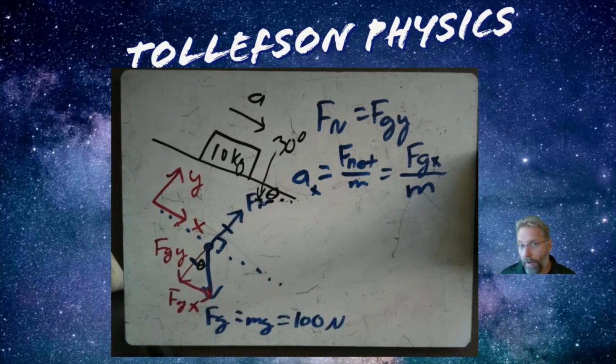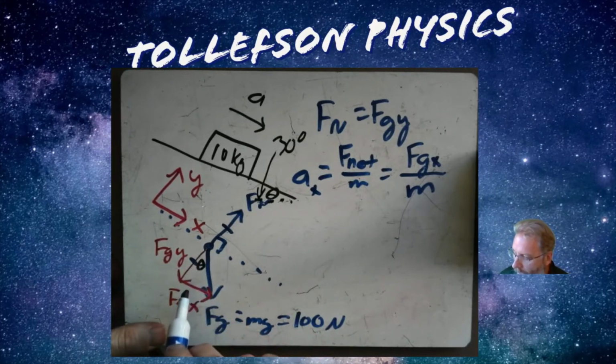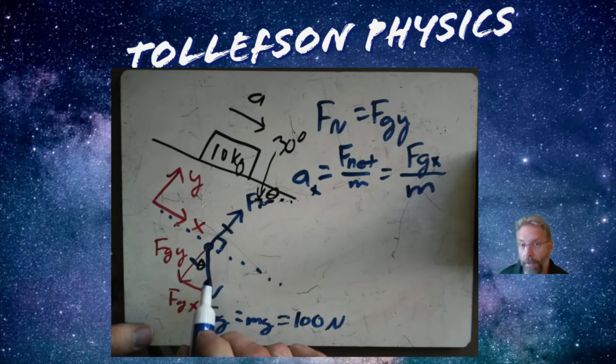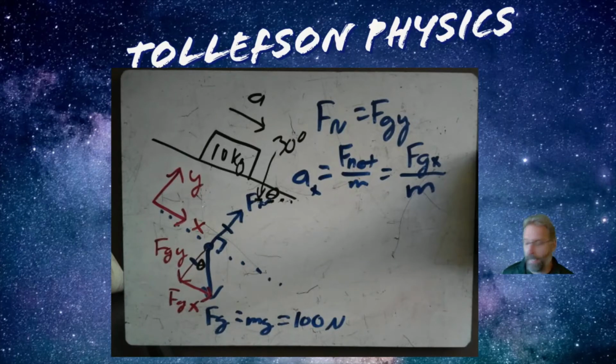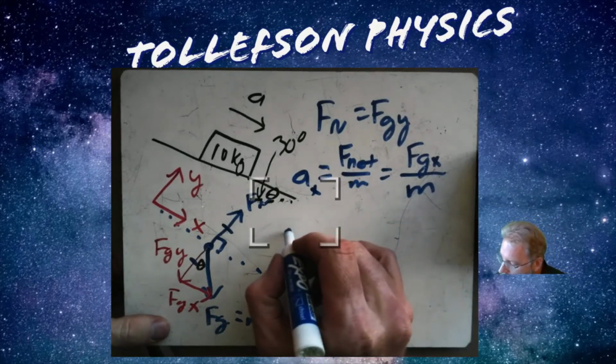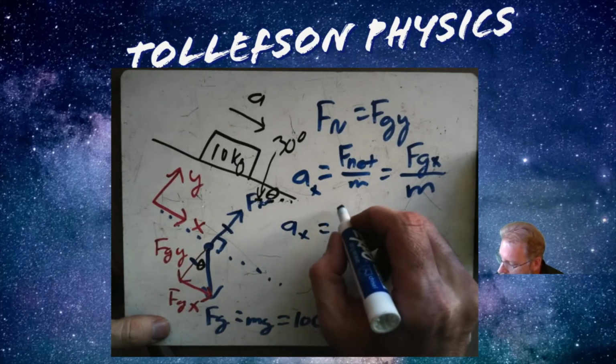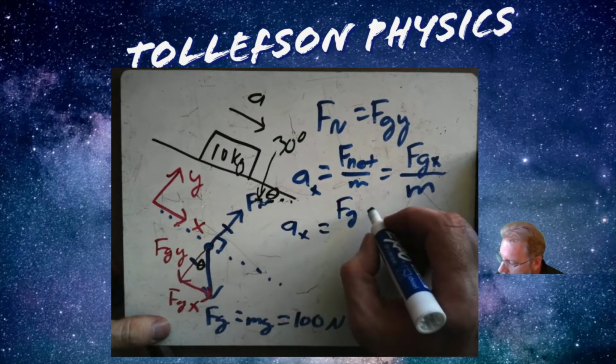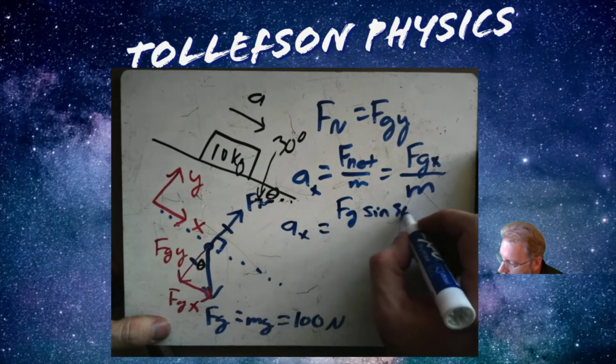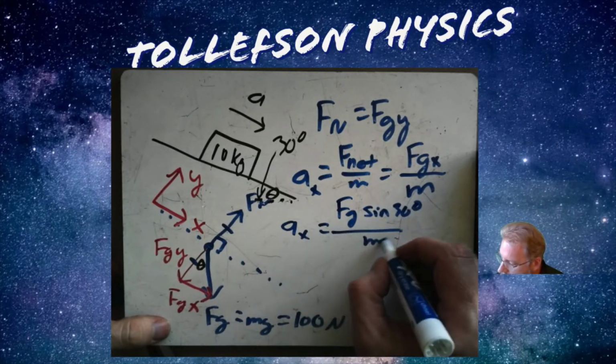I want to figure out the acceleration in this case. The force due to gravity in the X direction is on the opposite side, and opposite divided by hypotenuse is related to the sine. So I rewrite this as FG, the force due to gravity, times the sine of 30 degrees, divided by the mass.